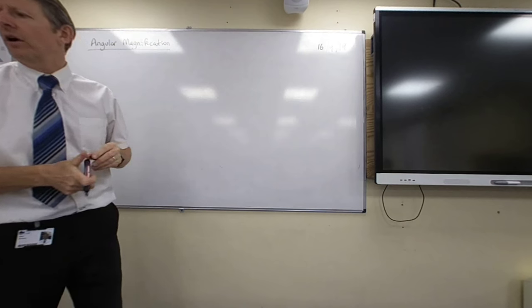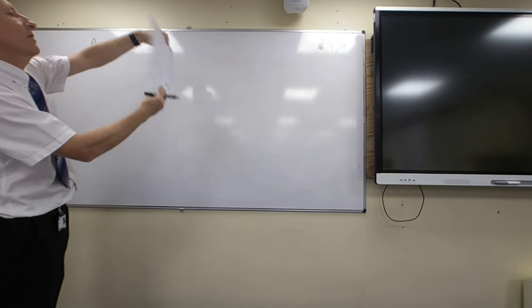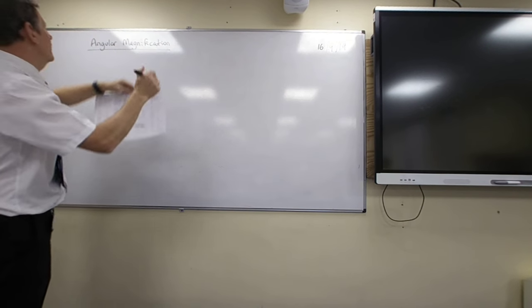Okay, so you look on the formula sheet under the astrophysics bit for M, magnification is given by this.